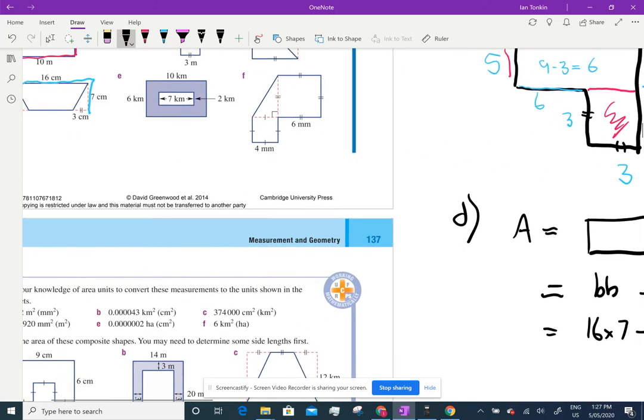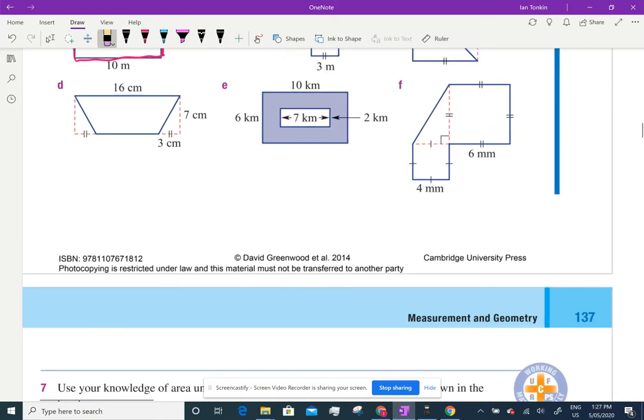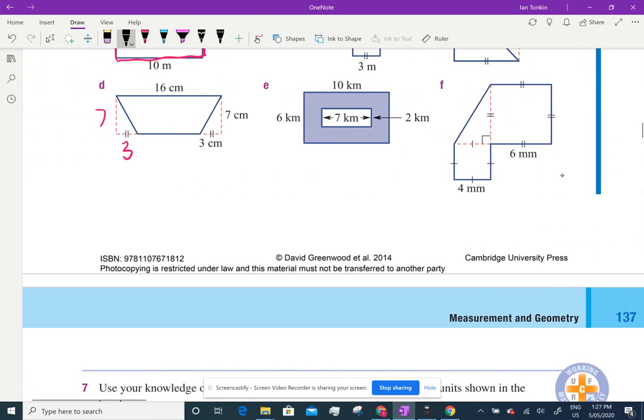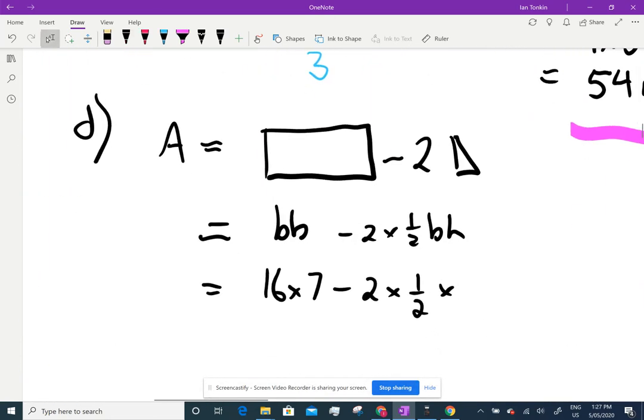Because both these triangles are the same, let's have a closer look and make sure they are. And this tells us that that's 3, and that's the other side of the rectangle, so that's 7. So the base is 3 and the perpendicular height is 7. They really should have had a little 90 degree in there. They didn't, but it's okay. So a half of 3 times 7.